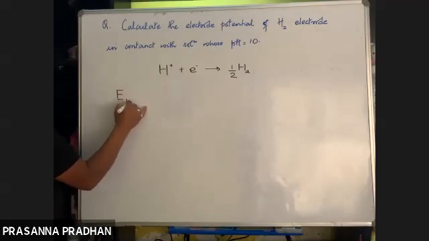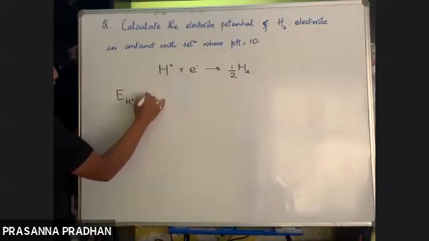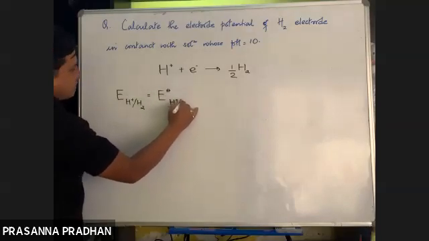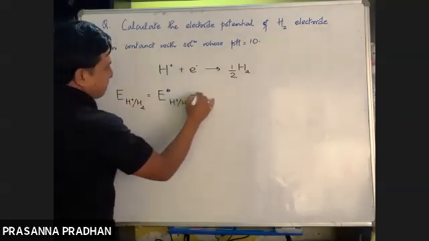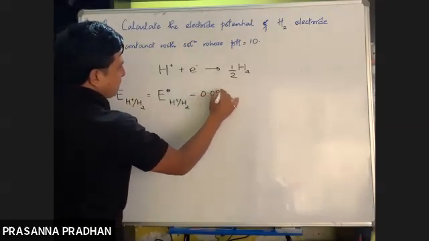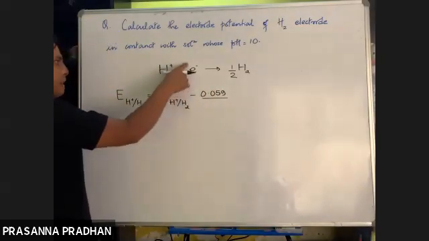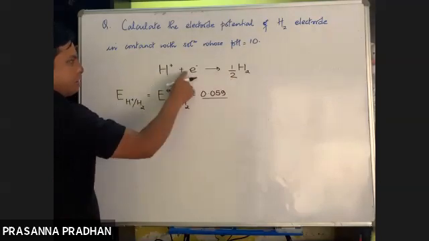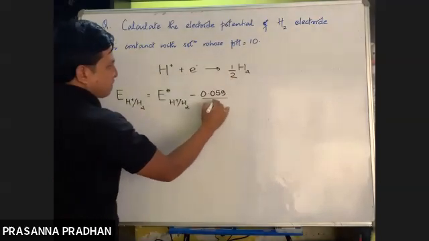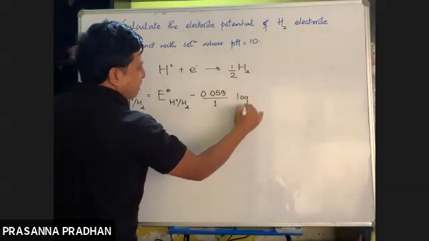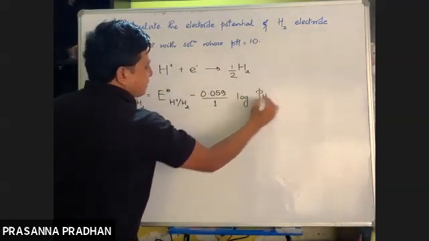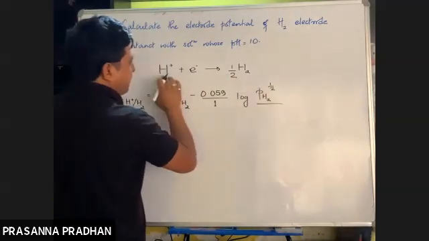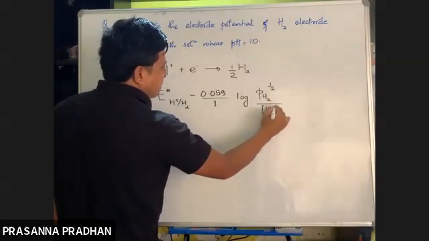E of H positive oblique H2 is the standard reduction potential of hydrogen electrode, whose value is 0, minus 0.059 divided by 1, since I'll take one electron, log of partial pressure of hydrogen raised to the power half, divided by concentration of H positive ion.